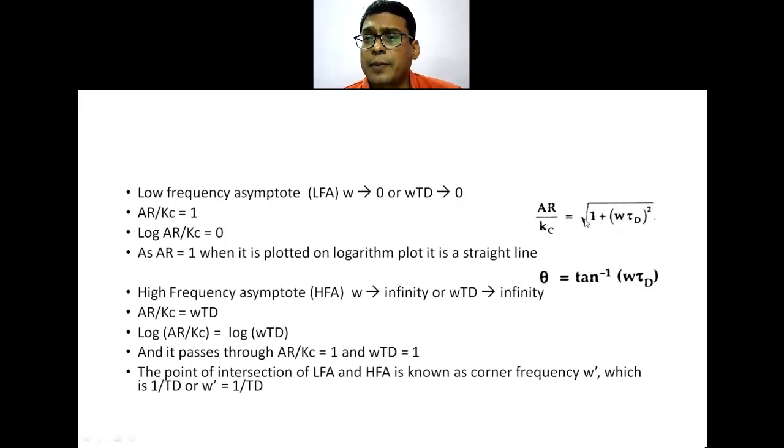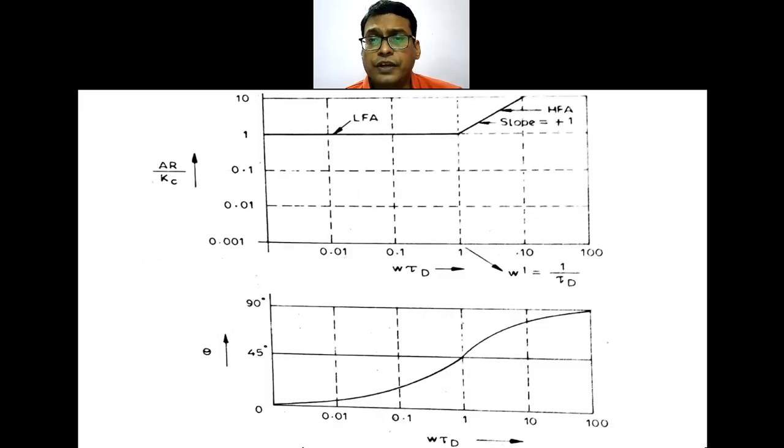That means AR upon Kc will be equal to 1, so log of AR upon Kc is equal to 0. As the amplitude ratio is equal to 1, when it is plotted on the logarithmic plot, it becomes a straight line passing through 1. That is why AR upon Kc is a straight line passing through 1. This is the low frequency asymptote.